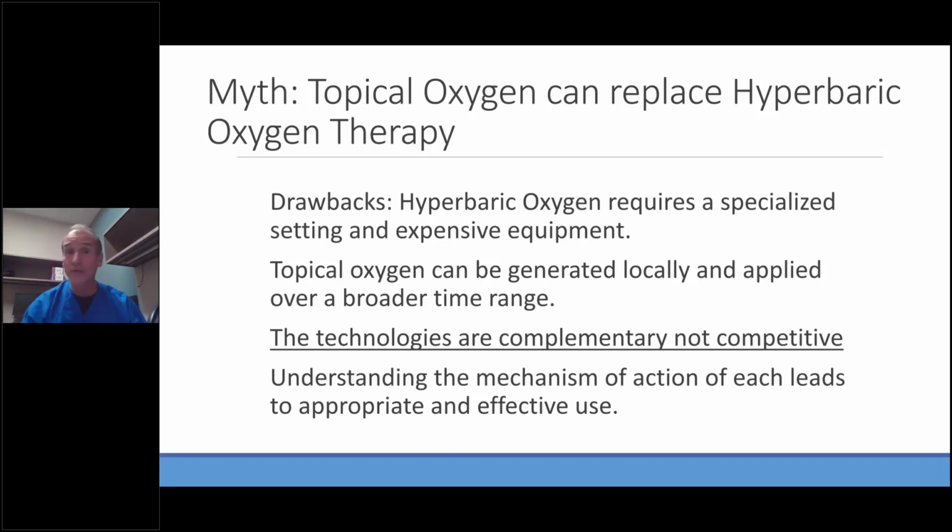It's in clinical trials for Wagner 1 and 2, and hyperbaric in clinical trials for Wagner 3. You have a clear delineation between what type of diabetic patients, for example, are going to be topical and which ones are going to be hyperbaric. Also, we have rural communities that just don't have hyperbaric oxygen and patients don't have access to it, so we can use topical oxygen there. These technologies are complementary, not competitive.